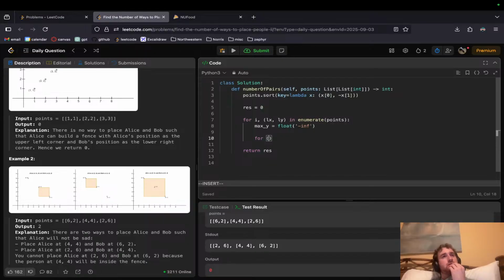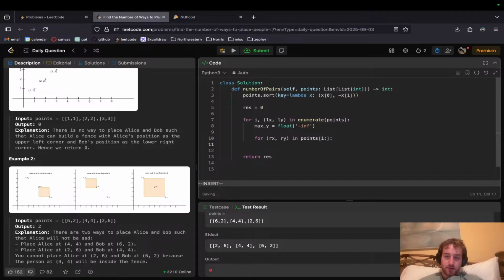We would continue if this y value, so if our ry is greater than our ly, and rx is not equal to lx, continue, else if, what's a valid condition?